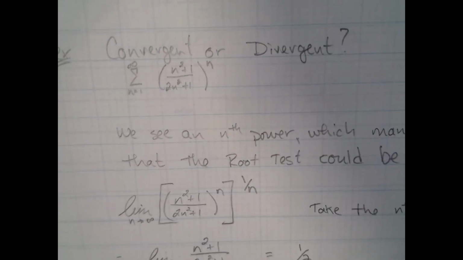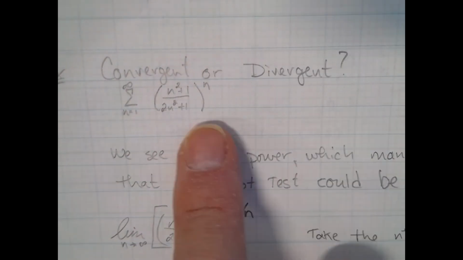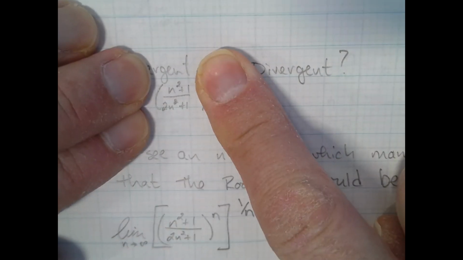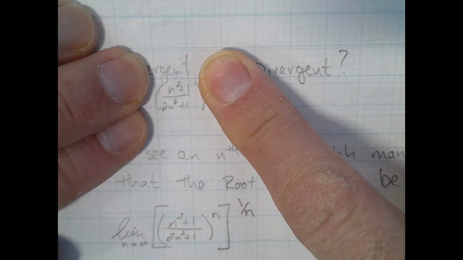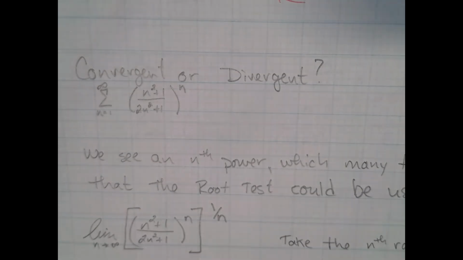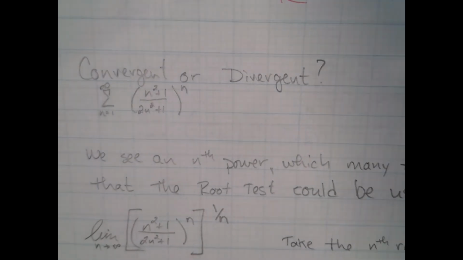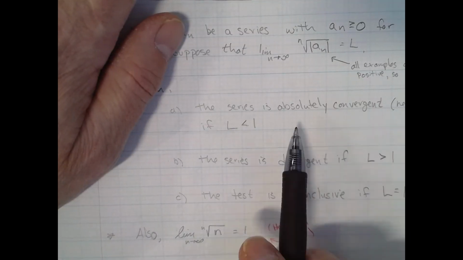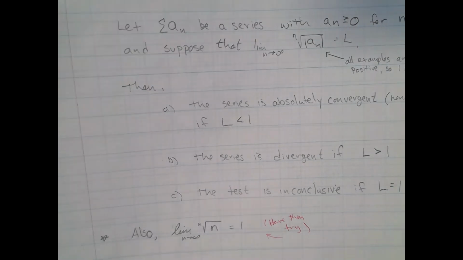We find the limit as that goes to infinity. Do you see that you're going to get 1/2? Yes. Okay, so 1/2 is less than 1, so it converges. If it's less than 1, it's absolutely convergent, which means it converges. If you get greater than 1, it diverges, and 1 is inconclusive.